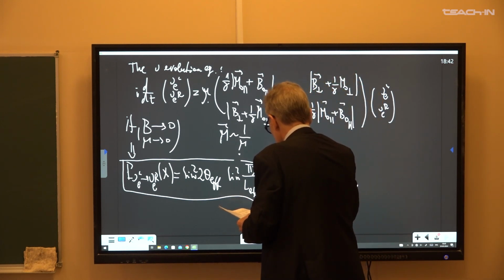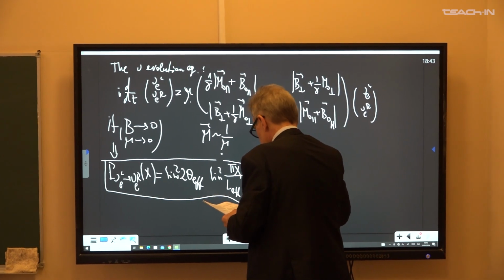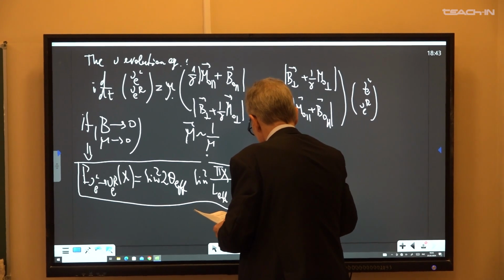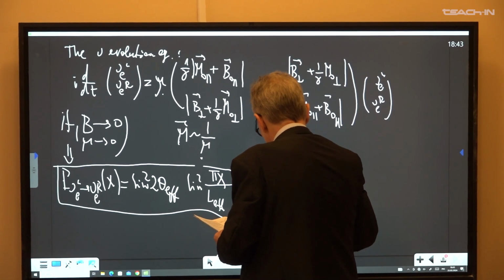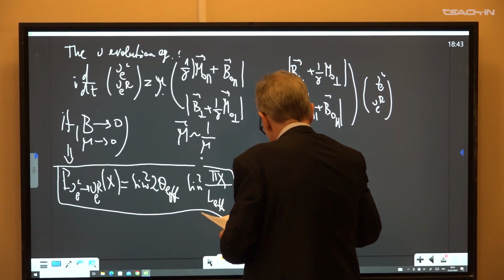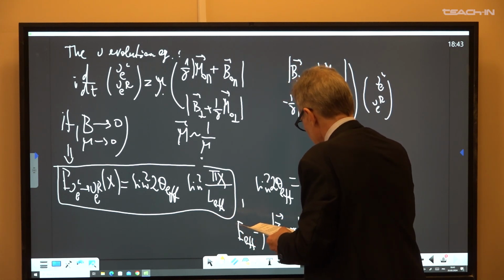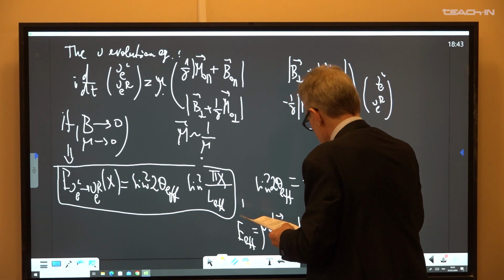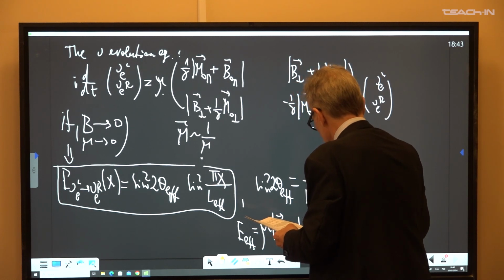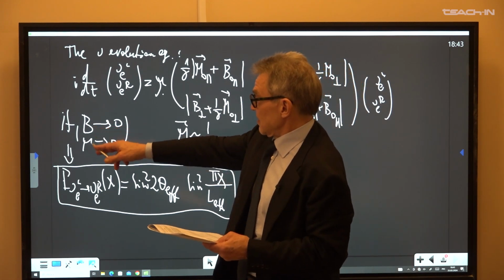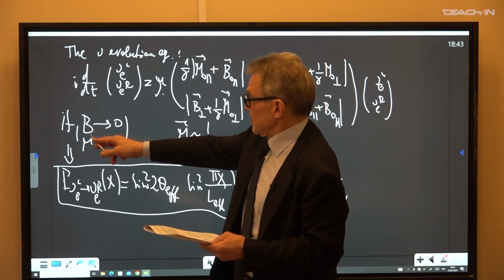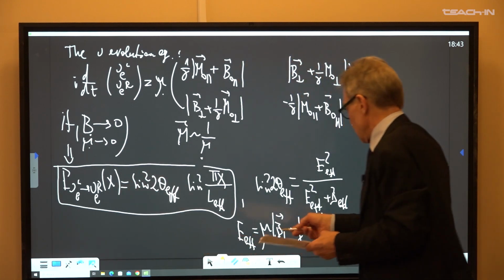Where, this is very important now, the final step of today's discussions, E effective is mu multiplied by the modulus of the sum of two vectors, the transversal magnetic field plus the M0 transversal suppressed by gamma. I declare that we will deal with this particular case, but here just with strong magnetic field.